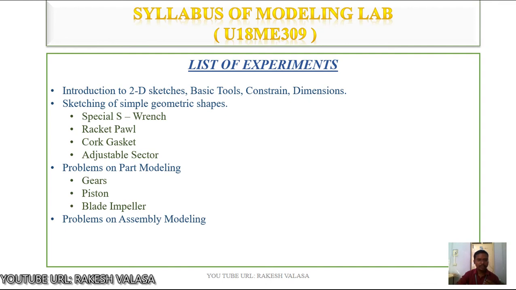By using assembly constraints, we will assemble the universal coupling and knuckle joint. The last module is 3D printing of a spur gear. In the second module, we will develop one model, that is the gear. After completion of that modeling, we will see how to import it into 3D printing and how to develop the product in a 3D printer. These are the list of experiments in the modeling lab.